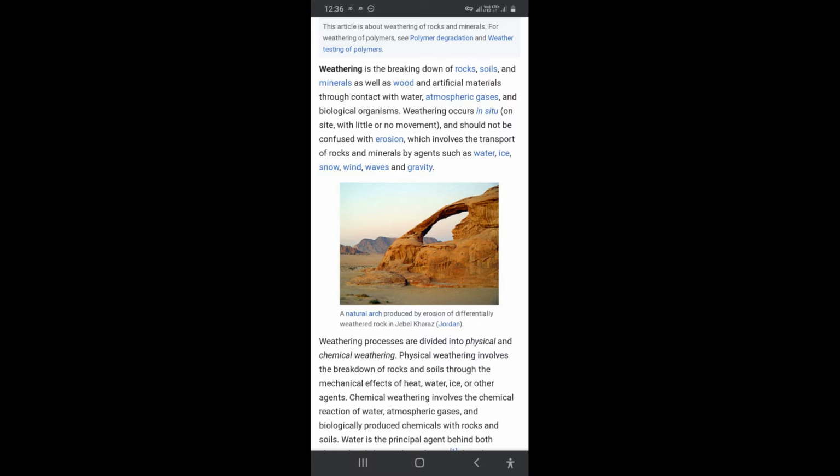And in the presence of weak acids formed from air, the moisture and the water vapor present in the air react with gases to form an acidic medium.